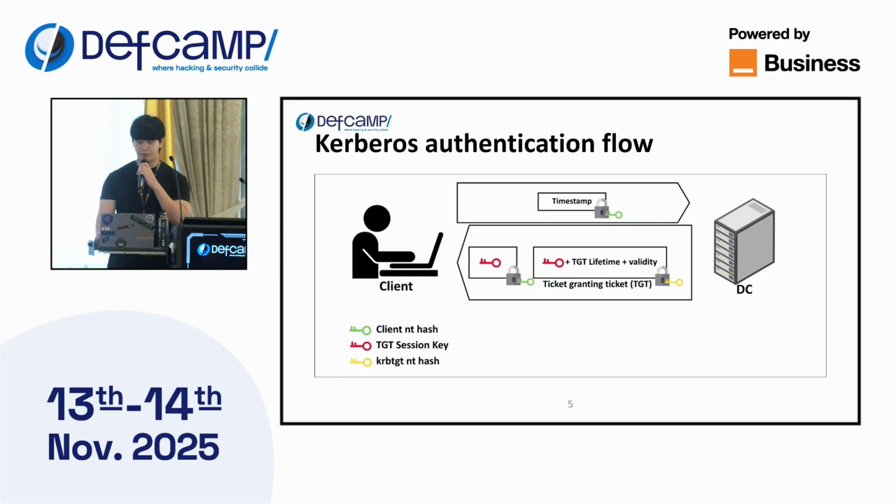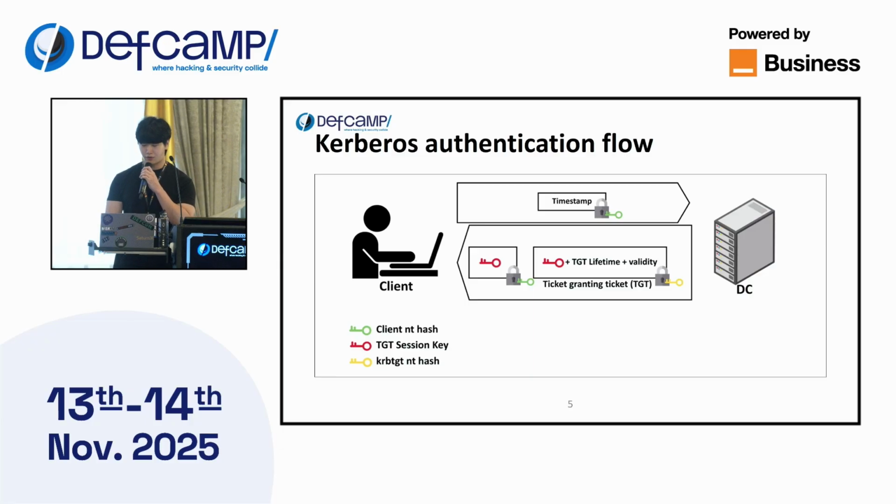Here is an explanation of the Kerberos authentication flow. A client requesting authentication encrypts the client time using its NT hash and sends it to the server. In a domain environment, the server is the domain controller. The server then decrypts the timestamp using the client's NT hash and compares it with its own time.